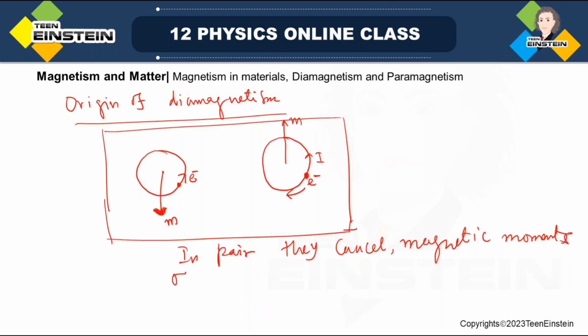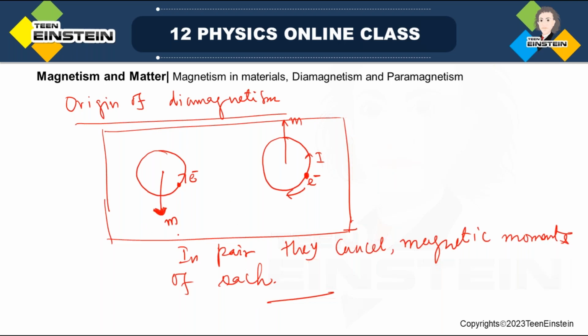In pairs they cancel their magnetic moments, and thus we will not have any magnetic moment. Zero magnetic moment for an atom.